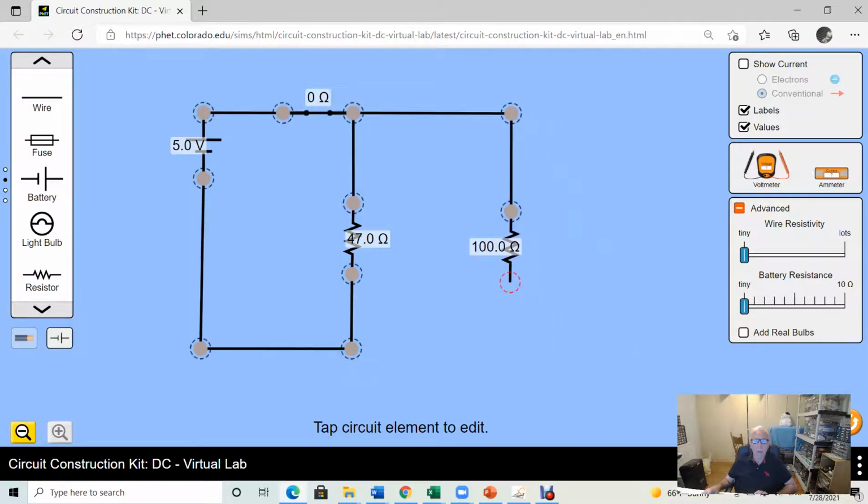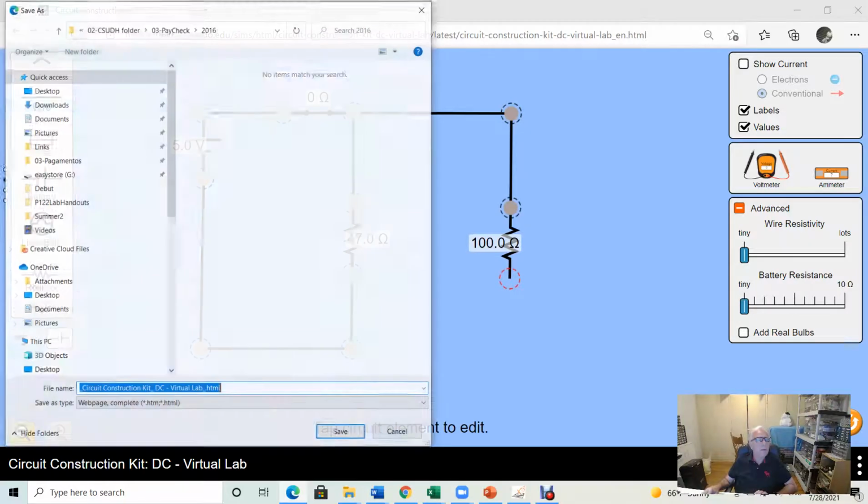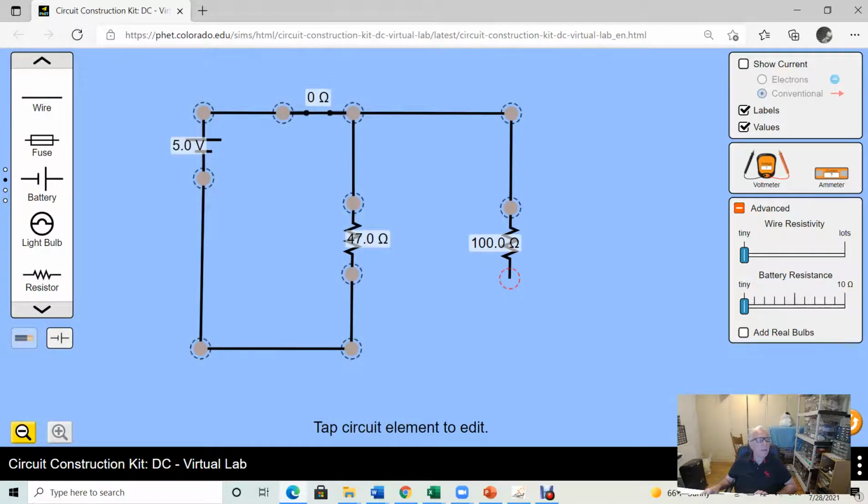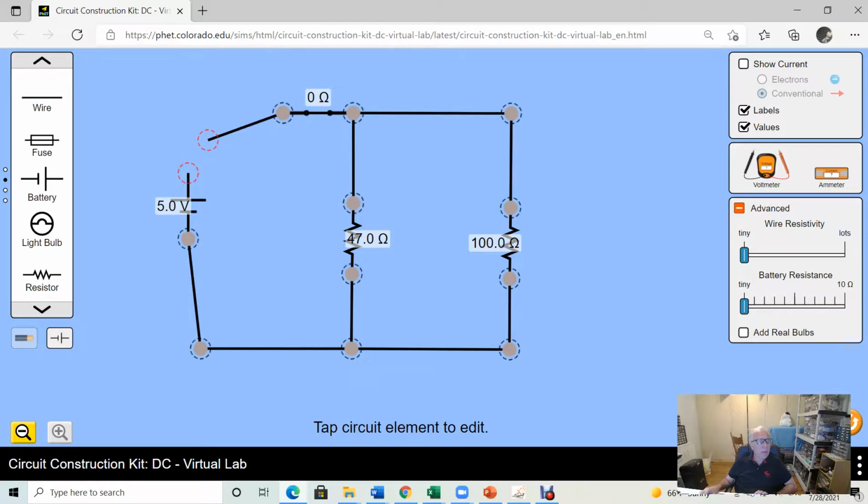Doesn't look like it's in parallel yet. Here you go. Those are the circuits in parallel. Let me put a little wire here. I don't like the battery so close to the corner. Here you go.